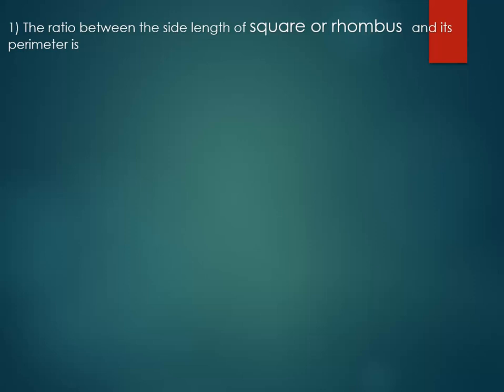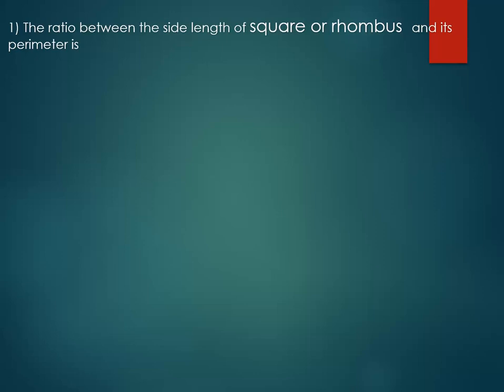Here we have some relation between the shapes or figures in geometry and the ratio. Let's see. The ratio between the side length of a square or rhombus and its perimeter. We know that the square and rhombus have 4 equal sides, and their perimeter equals side times 4.